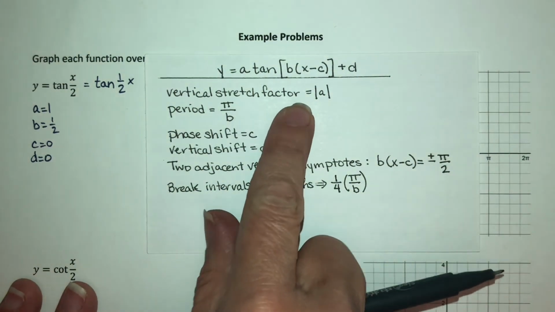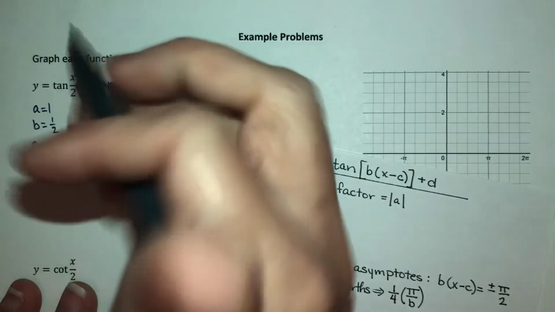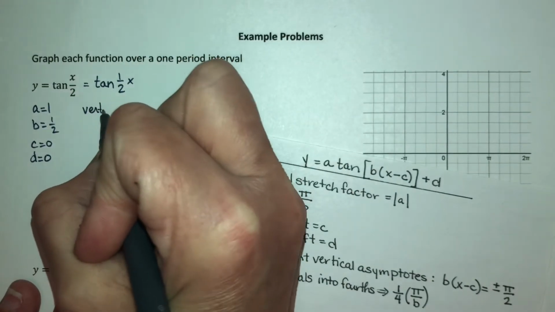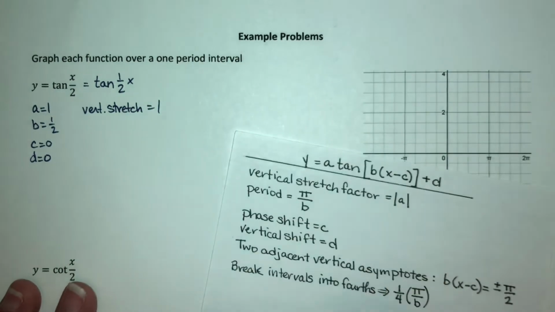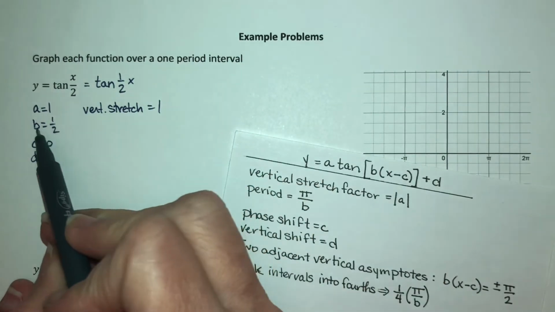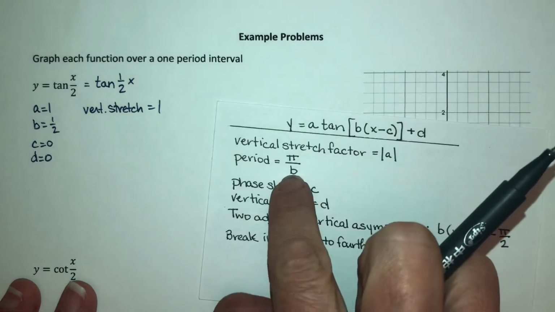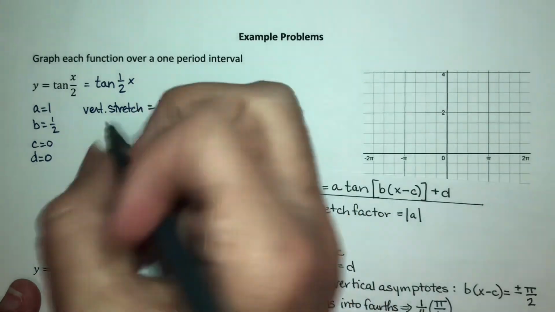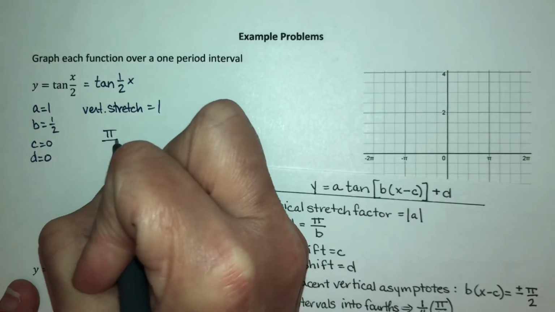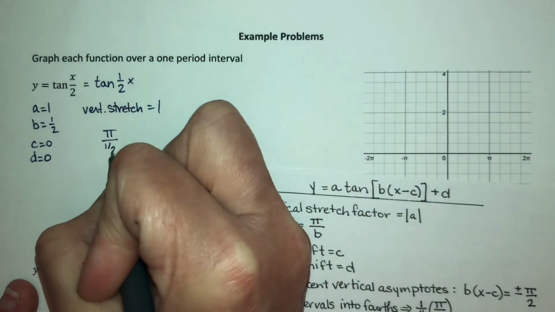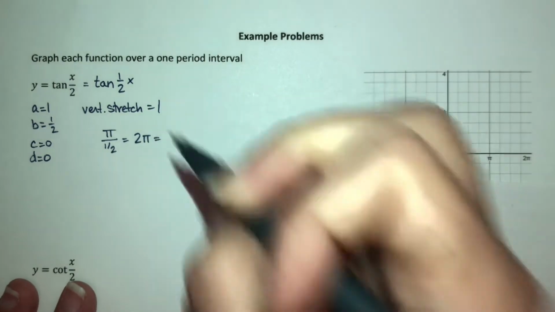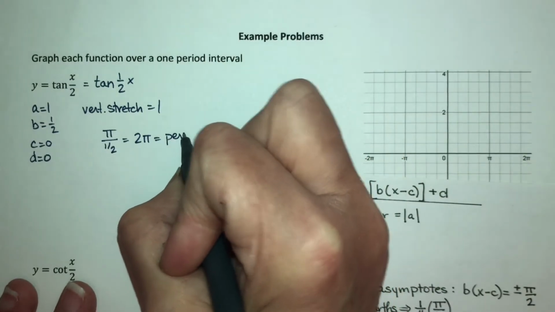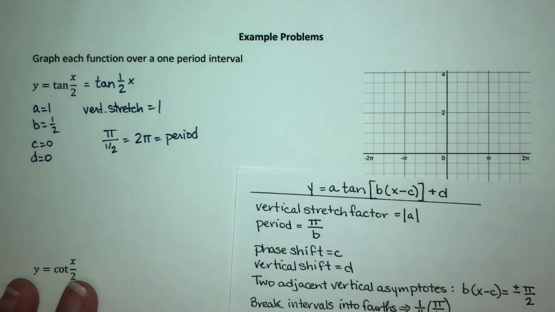Vertical stretch factor is the absolute value of a, which is just 1. All right. B is 1/2. To find the period, we do pi over b. So pi over 1/2 is equal to 2 pi, which is our period. We have no phase shift and no vertical shift.